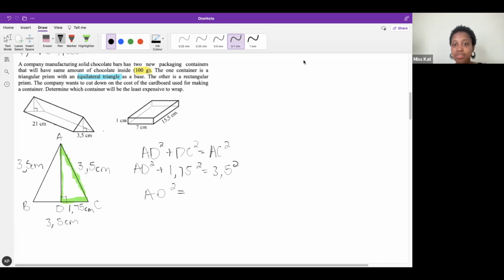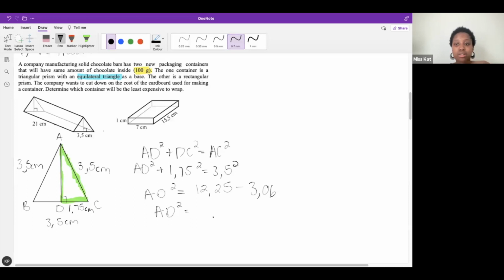How much is 3.5 squared? Anyone? 12.25. Thank you, Kamogelo. Minus, what is 1.75 squared? So we subtract. Yes, we do, Abu. How much is 1.75 squared? 3.06. So then AD squared is how long?